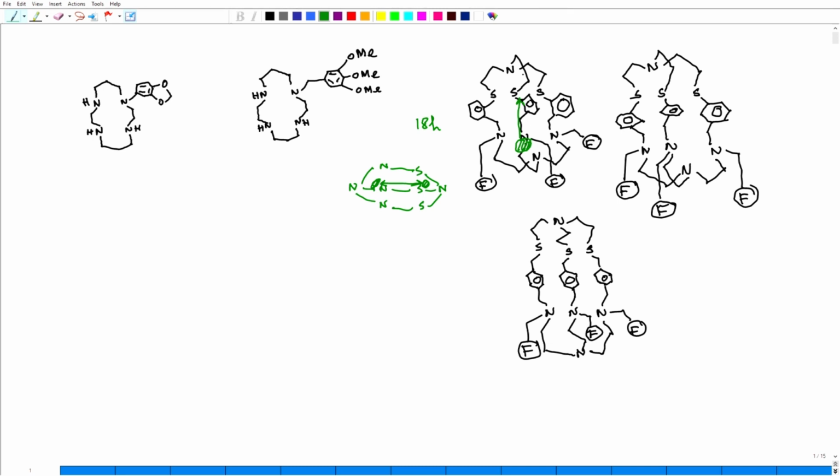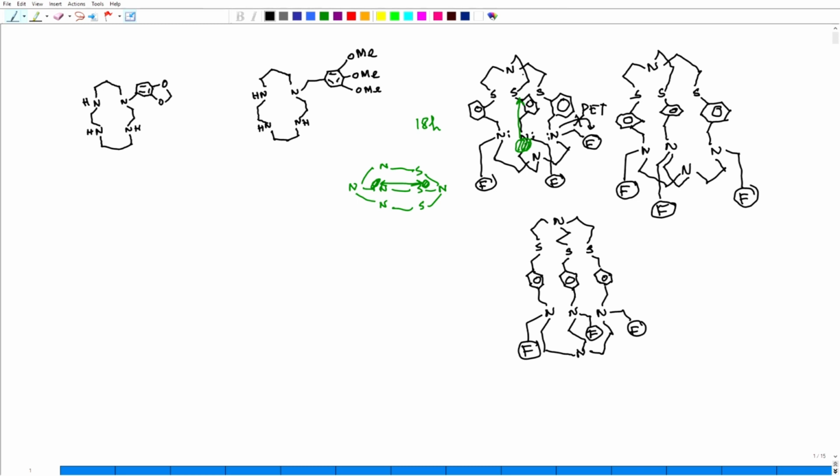And how do we monitor that? We monitor that through fluorescence. So, when it goes from here to here, what will happen? PET will be on, because the metal ion goes from here to here, so it cannot engage this nitrogen lone pair. So, PET will be on, and if PET is on, there will be no fluorescence.